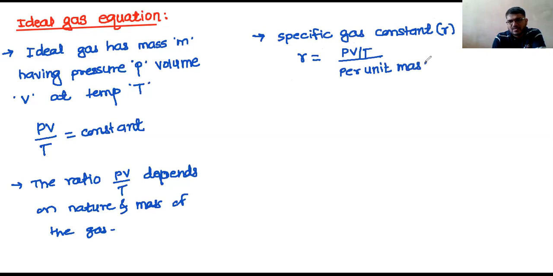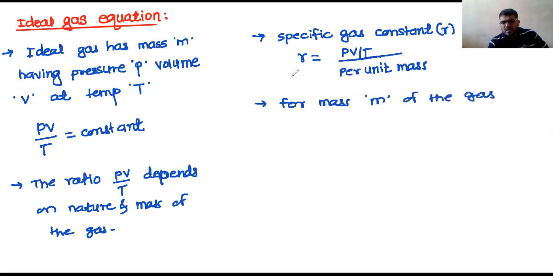PV by T per unit mass is called the specific gas constant. Understand? And if for a mass m of the gas, this r is equal to PV by T divided by m.